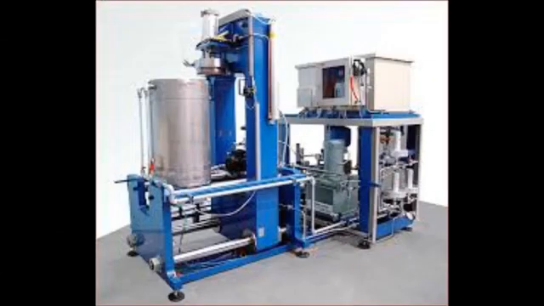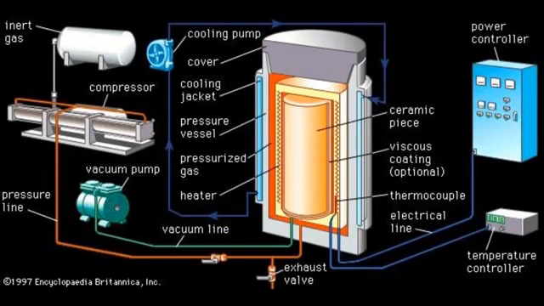Finally, in the 1970s, hot isostatic pressing, or HIP, was discovered. HIP exposes the superalloy to elevated temperatures and high pressure. This process reduces porosity and increases the ductility and fatigue strength, just as the turbine blades need to be successful.